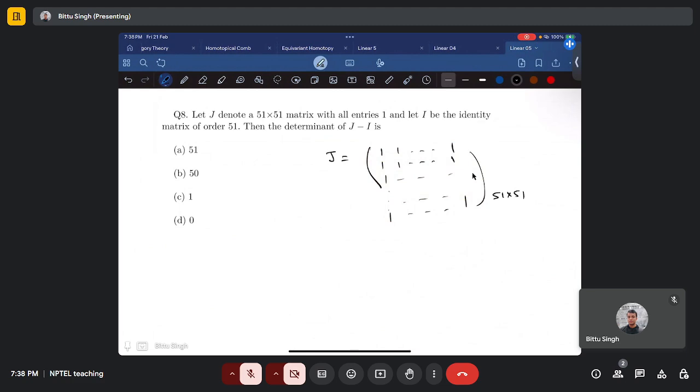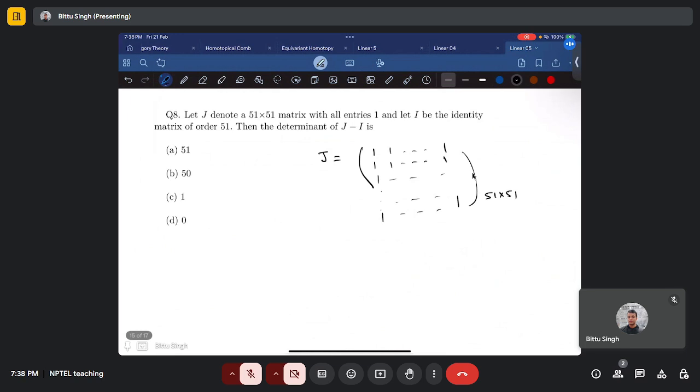So rank is 1 and therefore determinant is 0. But let us see what are the eigenvalues of J. So we want to find this.